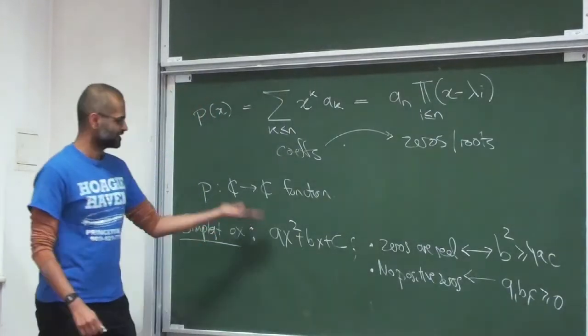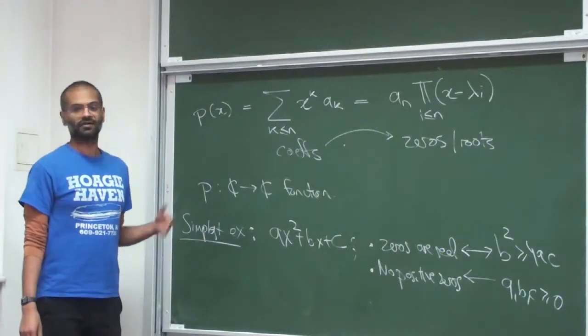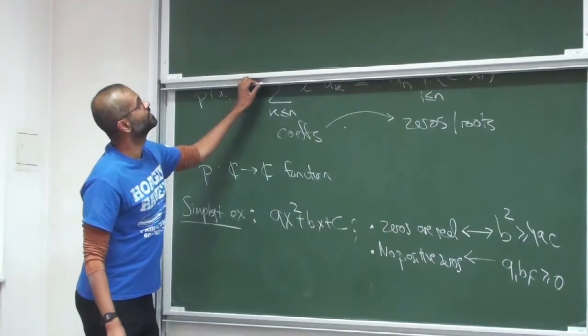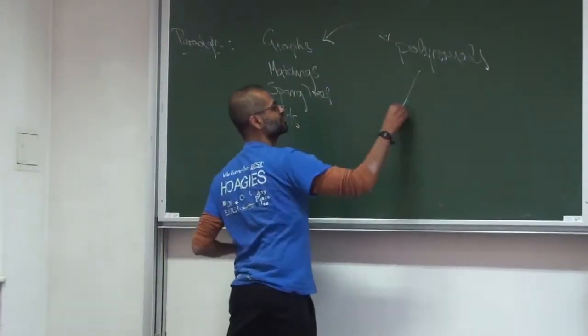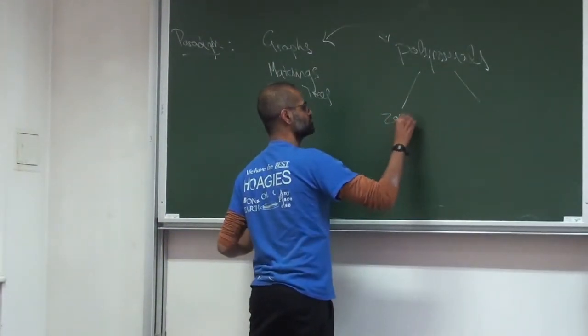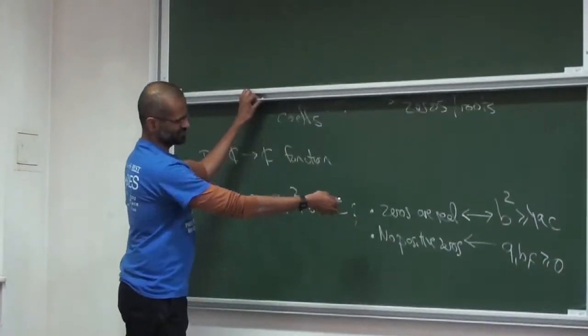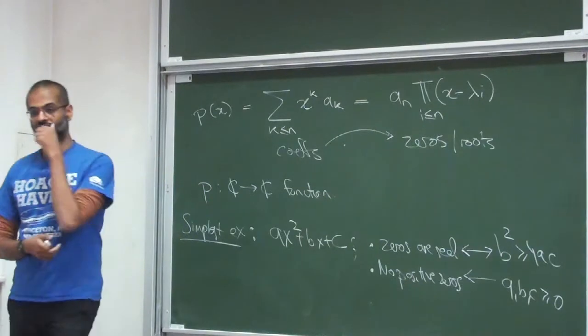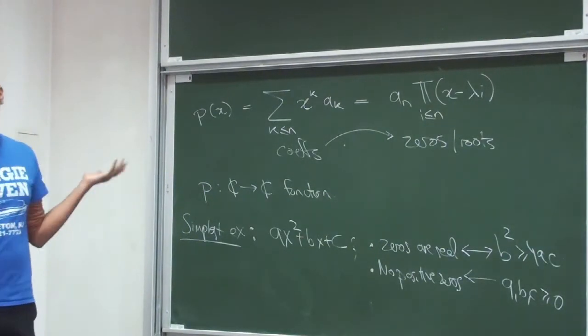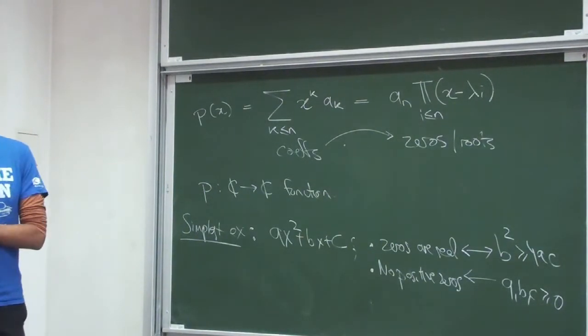Okay, so these are some high school level facts. And basically what we're going to do is we're going to study this interplay between zeros and coefficients. Facts that are essentially generalizations of these kind of facts and prove some interesting theorems about graphs. So that's a very high level outline of the course.